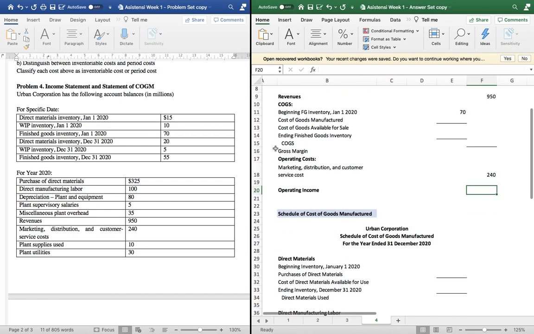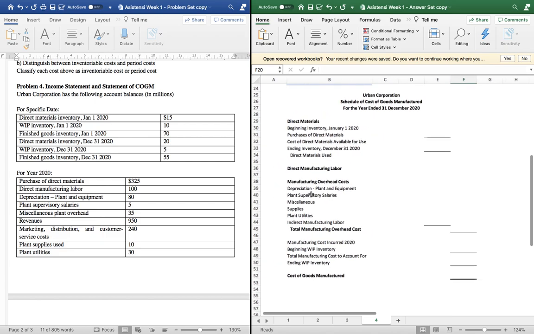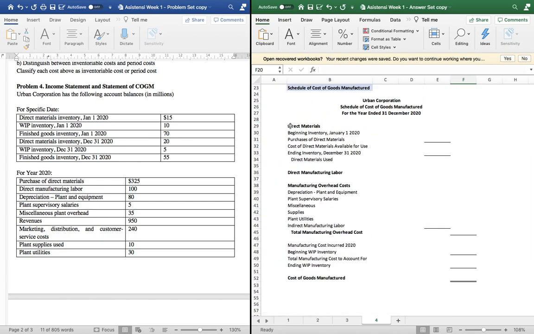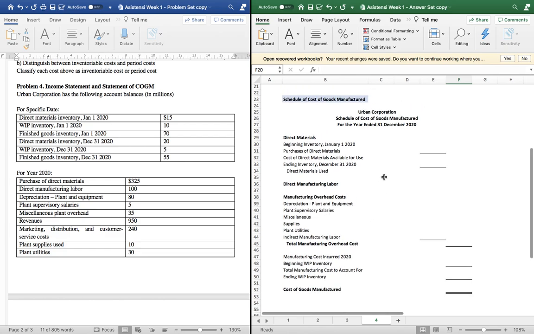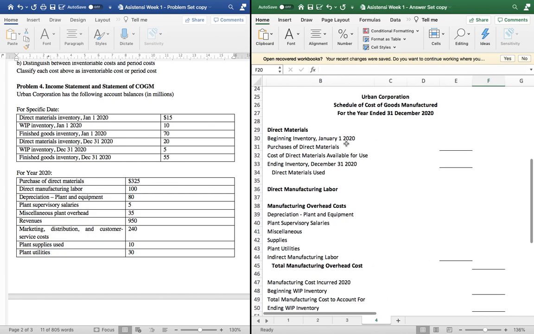So to complete this statement, we have to make another schedule, the second one, which consists of three parts, which are the direct materials, direct manufacturing labor, manufacturing overhead, and then the final one is the bottom line, which is cost of goods manufactured. So start from the first component, direct materials.